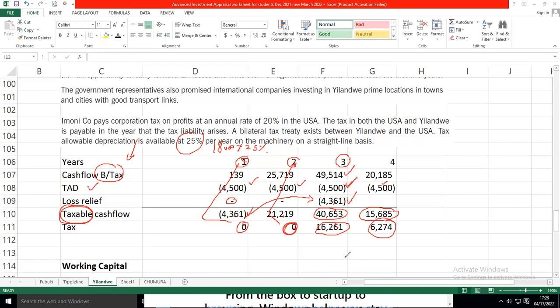That are paid in Y. And this tax is paid at what percentage? At 40%.